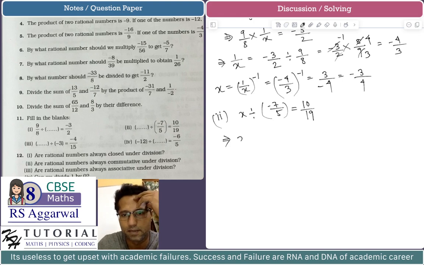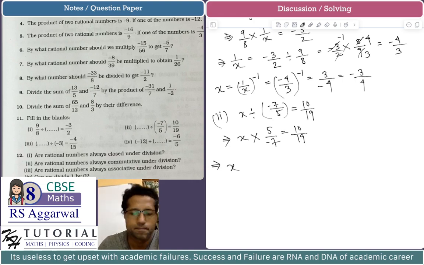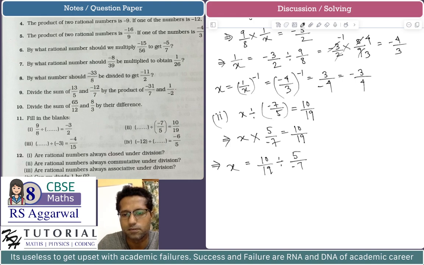Now x divided by minus 7 by 5, I can say, is x multiplied by 5 by minus 7, which is equal to 10 by 19. This implies x is equal to 10 by 19 divided by 5 by minus 7.